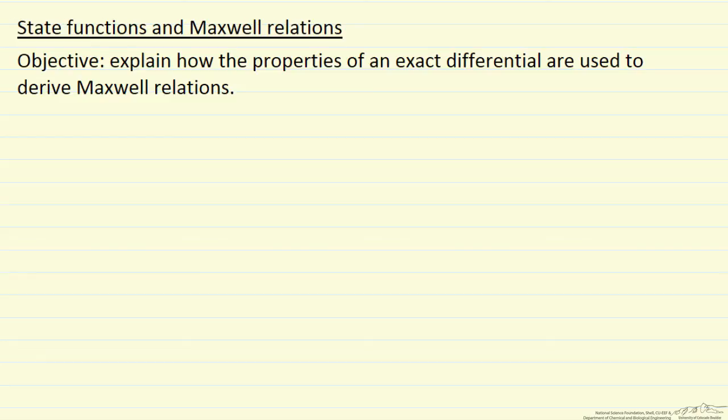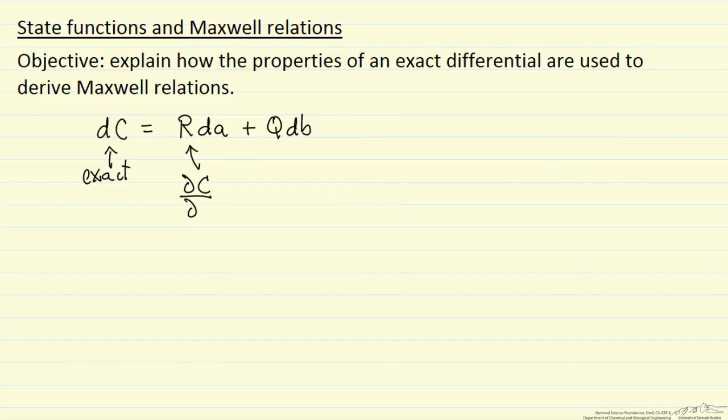So let's first look at just a generic exact differential, the differential of C in terms of two other variables, A and B. And we're saying this is exact, which means that this term R is the partial of C with respect to A at constant B, and this term Q is the partial of C with respect to B holding A constant.